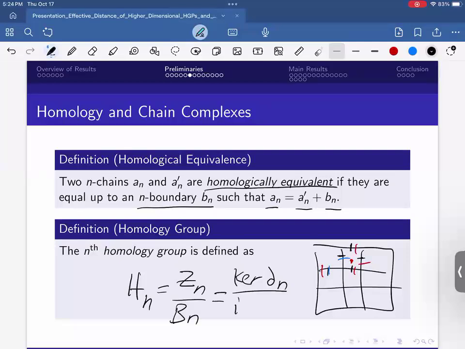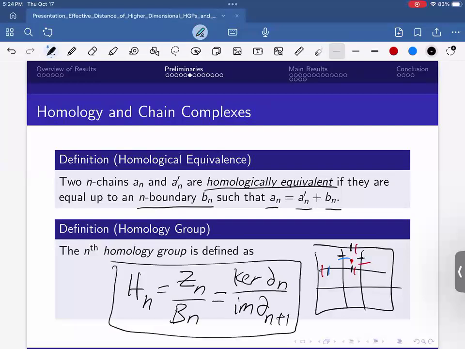And then Bn is the boundary of some non-trivial entity in the previous round, so it is in the image of the n+1 boundary operator. This is an important definition that you should try to remember, because it's going to come up again later.